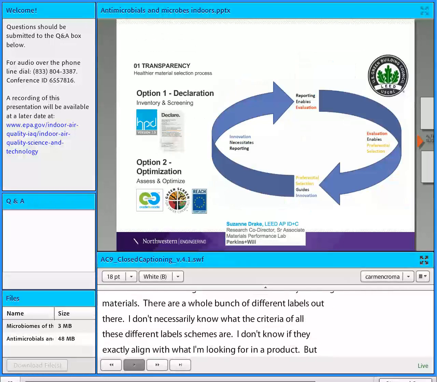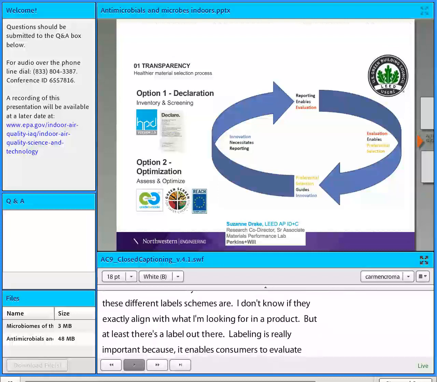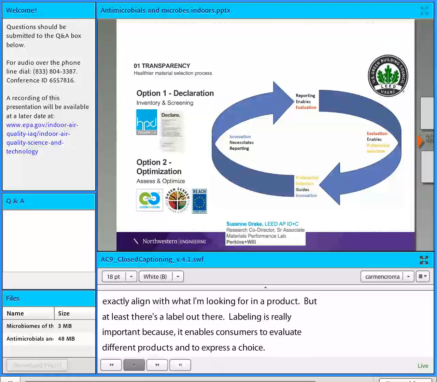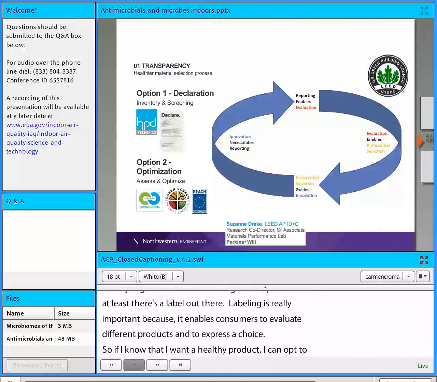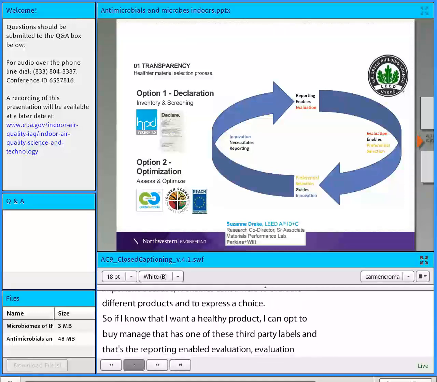And labeling is really important because it enables consumers to evaluate different products and to express a choice. If I know that I want a healthy product, I can opt to buy something that has one of these third-party labels. So reporting enables evaluation. Evaluation enables preferential selection.